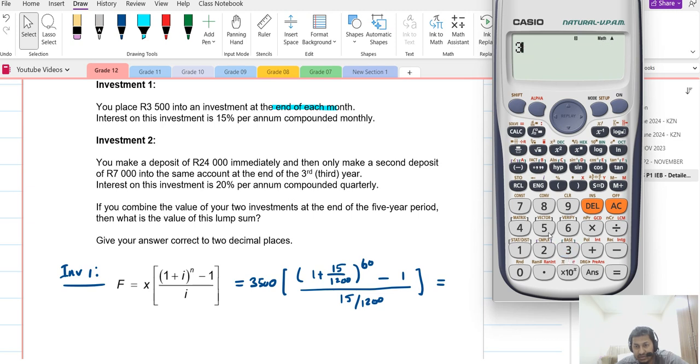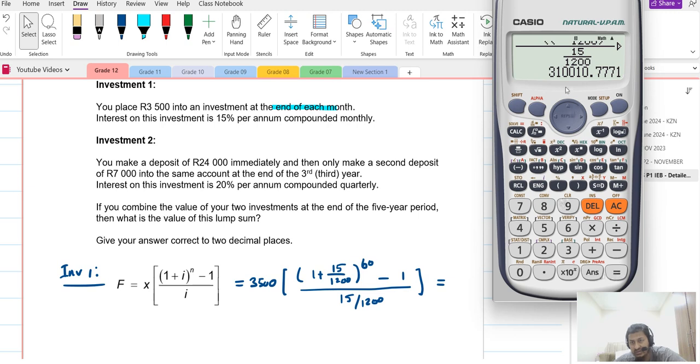So we have 3,500 into another bracket, 1 plus 15 over 1,200, to the power 60, minus 1, close the bracket, over the interest rate, which is 15 over 1,200, and I'm getting an answer of 310,000.